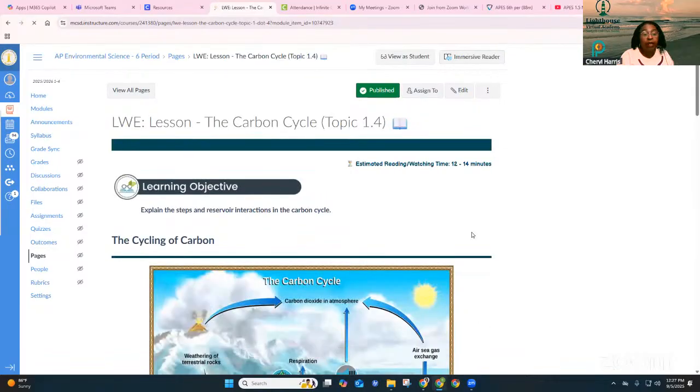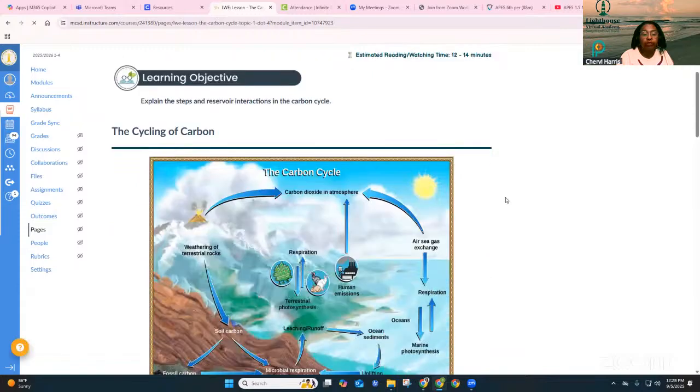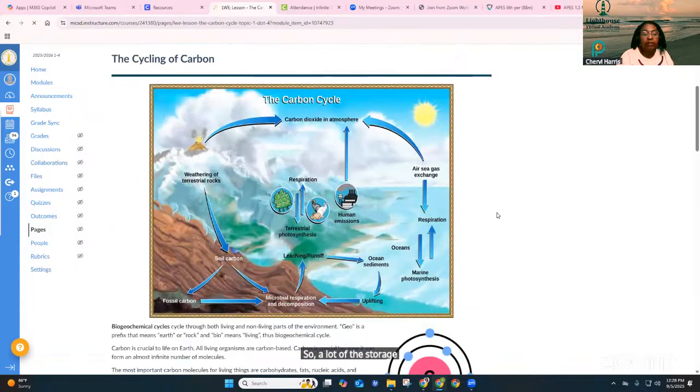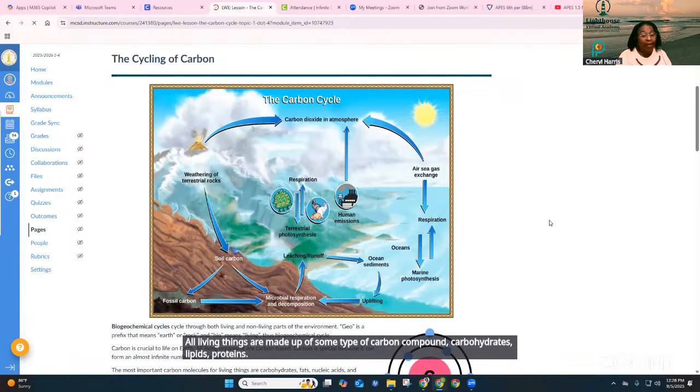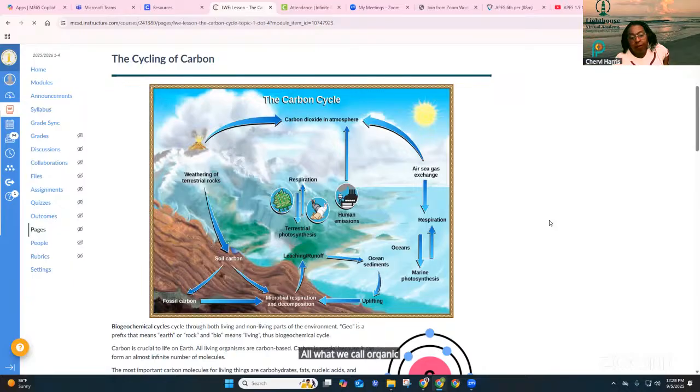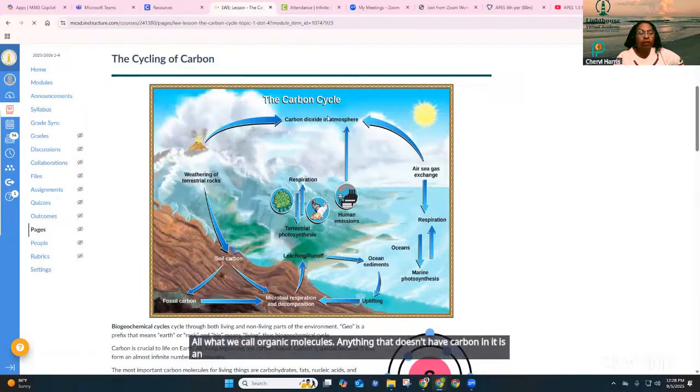And so a lot of the storage with carbon is in living things. All living things are made up of some type of carbon compound. Carbohydrates, lipids, proteins are all what we call organic molecules. Anything that doesn't have carbon in it is an inorganic molecule.